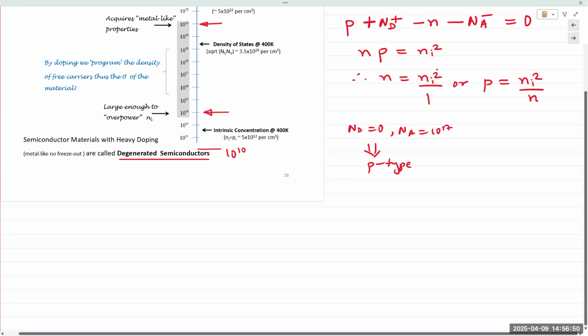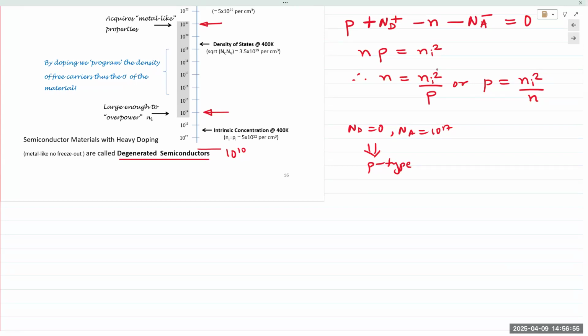So we will substitute N is equal to Ni squared over P into the charge neutrality equation, CNE. And then ND is given as 0. So we can write P plus 0 minus Ni squared over P minus NA, the negatively charged NA.